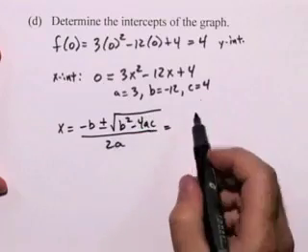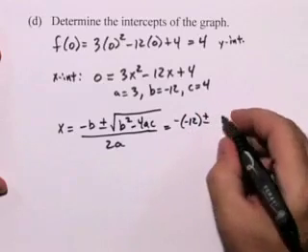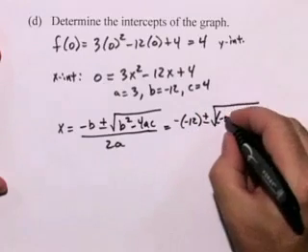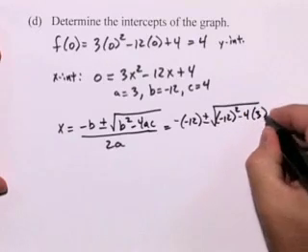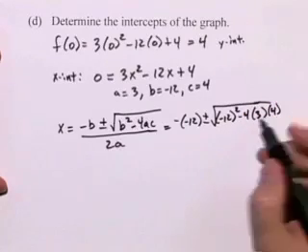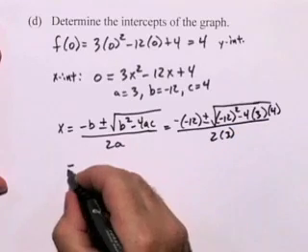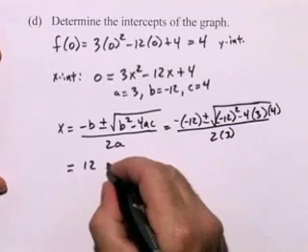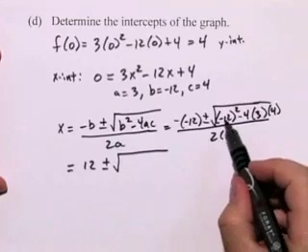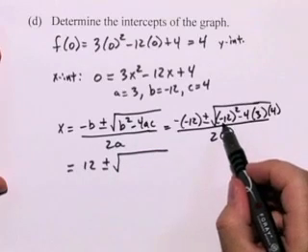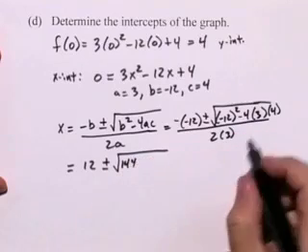We put in our values for a, b, and c. We'll have negative 12 plus or minus the square root of negative 12 squared minus 4 times 3 times 4, all over 2 times 3. So that gives us 12 plus or minus the square root of, now here we pay attention, we're squaring the negative 12, so that gives us 144, a positive 144.